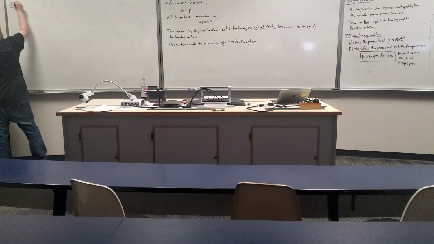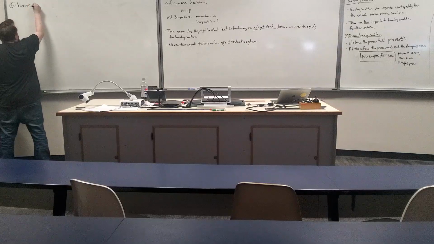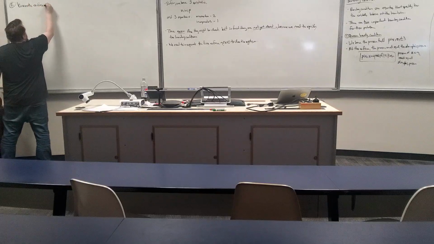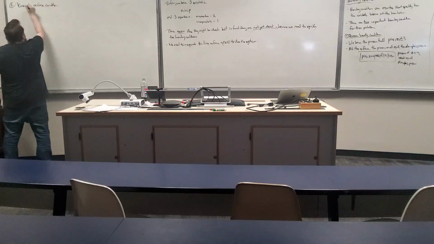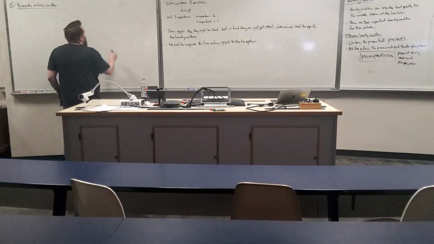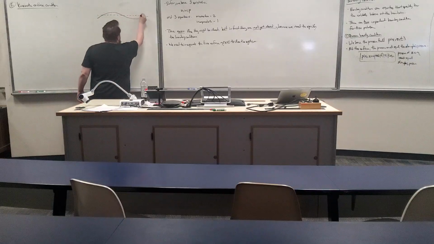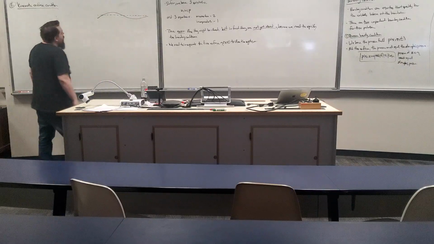And the second condition is called the kinematic surface condition. And this one is a little bit more subtle. So here's our surface, and here's our z0. What we're going to do is think about the parcels of water that are right at the surface.